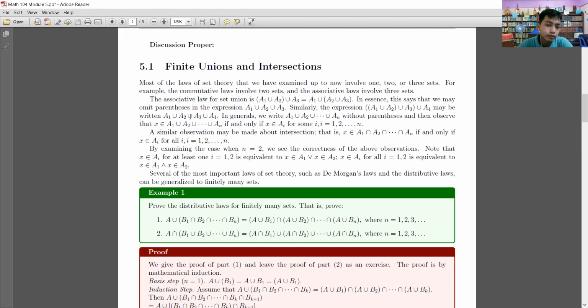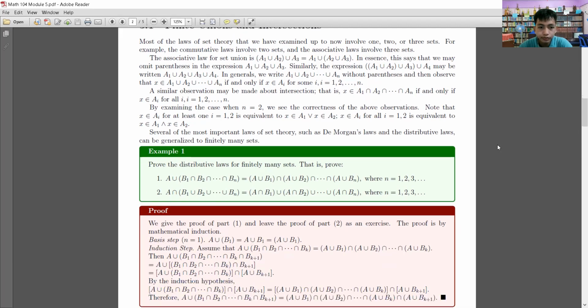So that means x is in at least one of the given sets. Okay? It is if and only if, so it also works the other way around. In the intersection, x is in the intersection if and only if x is in A sub i for all i. That means, in the intersection, x is in all of the sets. Okay?